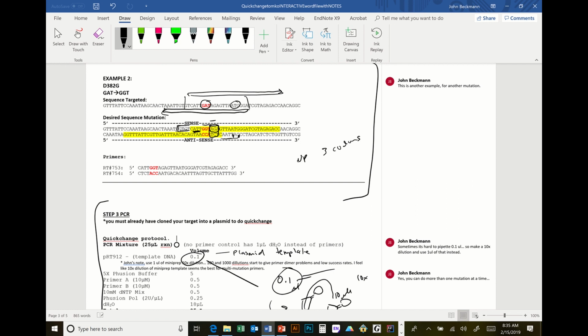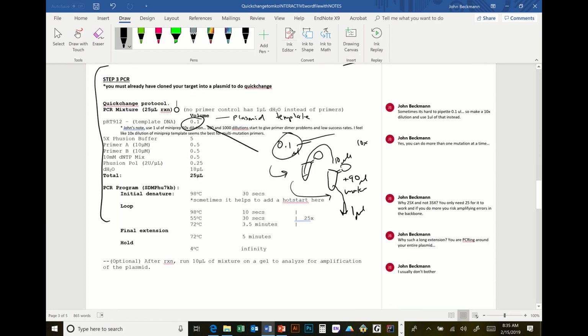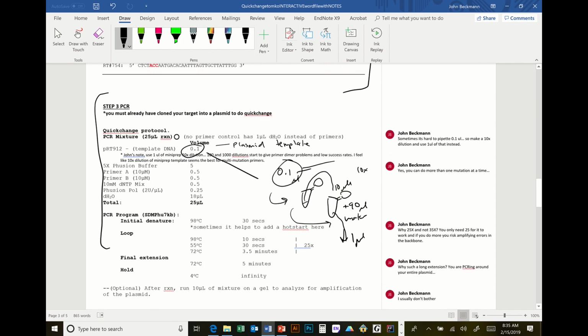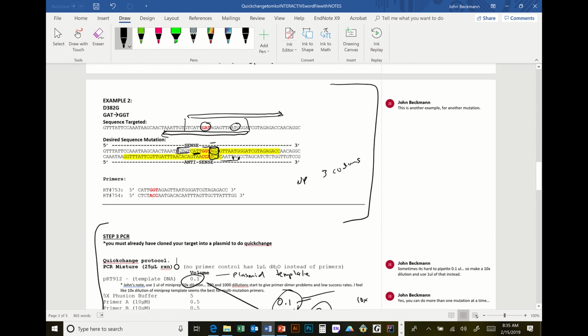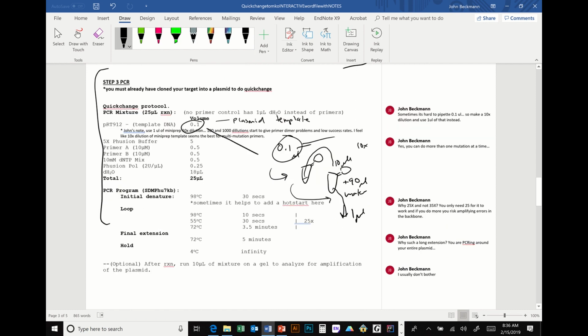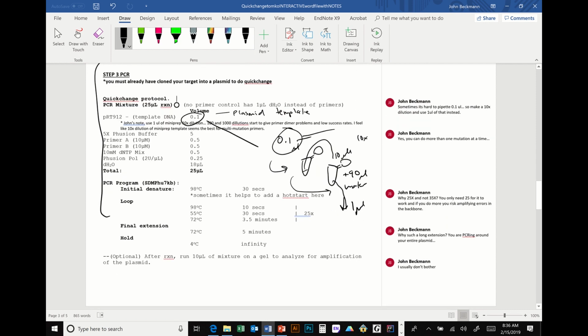So that's going to decrease the efficiency. But 1 codon is super easy, and most of the time what we're doing is just 1 codon. If you need a whole section changed, that's when you move to Gibson or recombineering or synthesizing something like that. Quickchange is only good for 1, 2, or 3 codons.